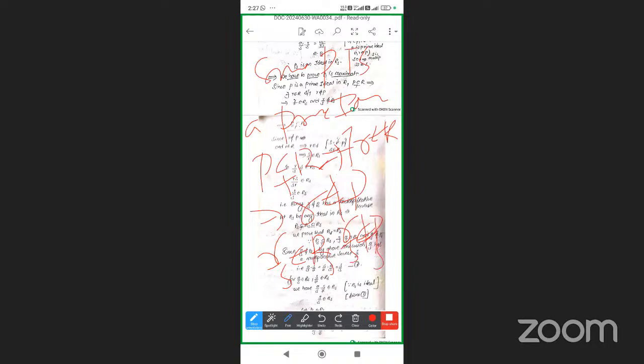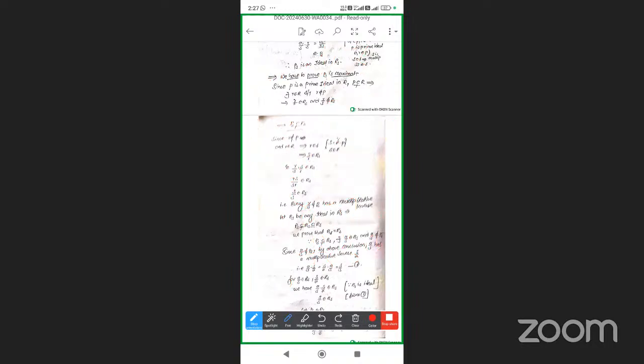So PS is a proper subset of RS. Since R does not belong to P, R belongs to capital S, so S by R belongs to RS.